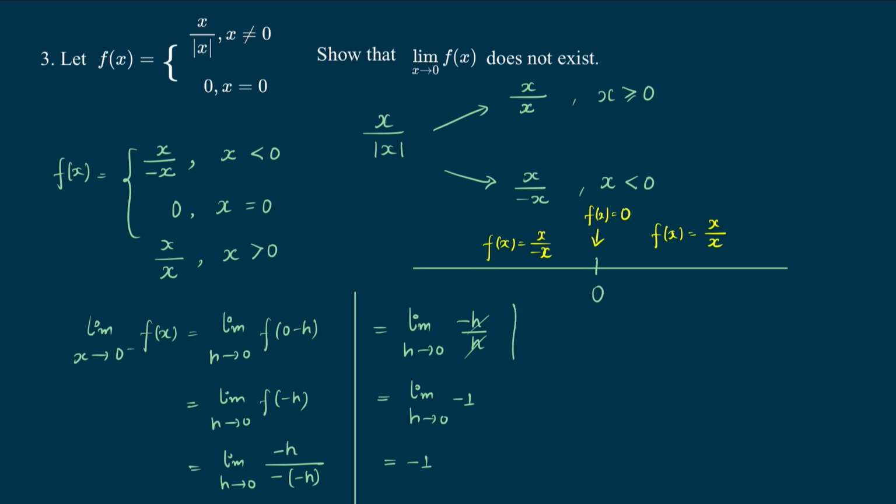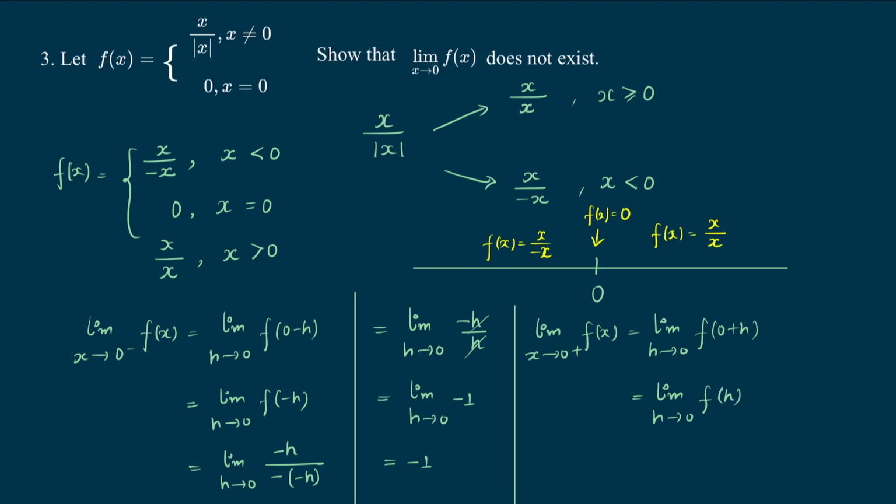Now let me find the right hand limit here. Limit x tends to 0 plus f(x) equals limit h tends to 0 f(0 plus h), which will be equal to limit h tends to 0 f(0 plus h) means h only.